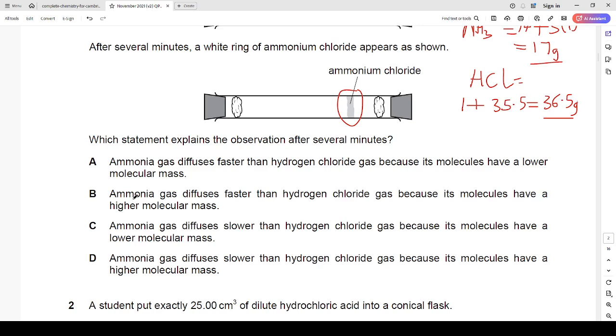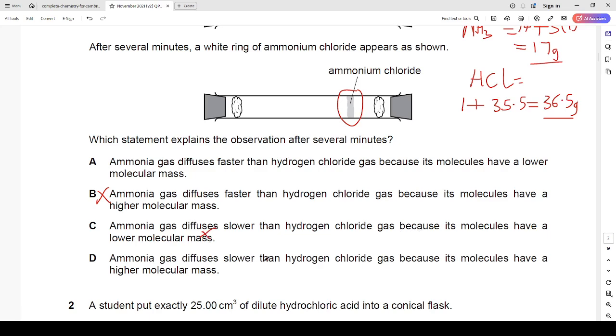on the first question. Ammonia gas diffuses faster than hydrogen chloride gas because its molecules have a higher molecular weight. This option is wrong. Ammonia gas diffuses slower than hydrogen chloride gas because its molecules have a lower molecular mass. This equally is wrong.